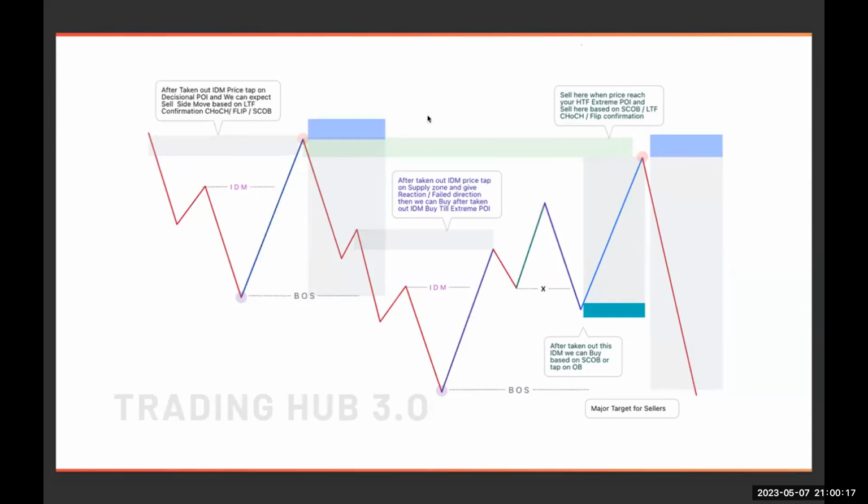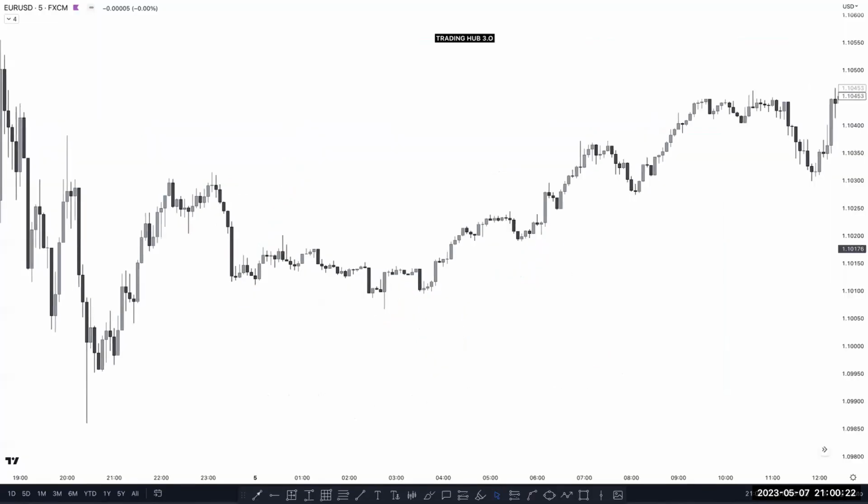Okay. And now I'm going to switch to the next part, next diagram.